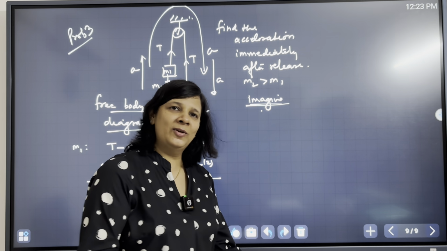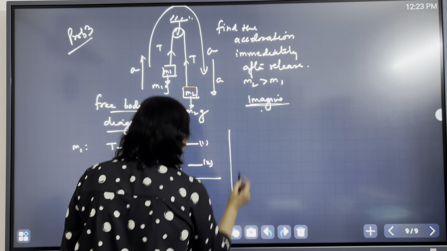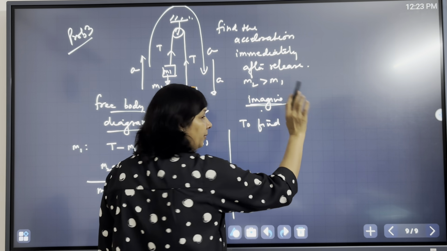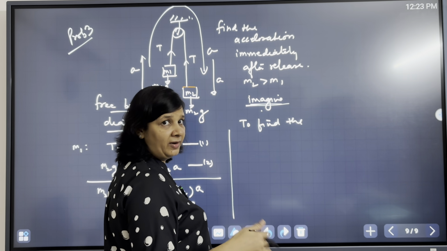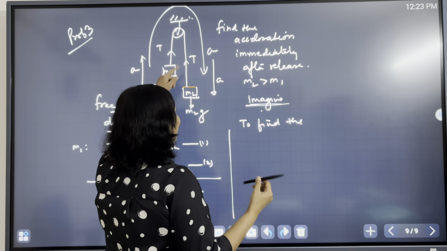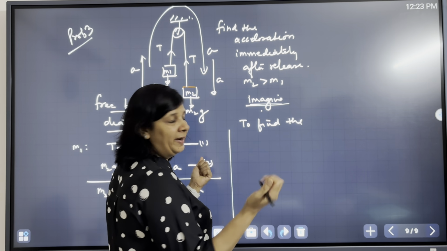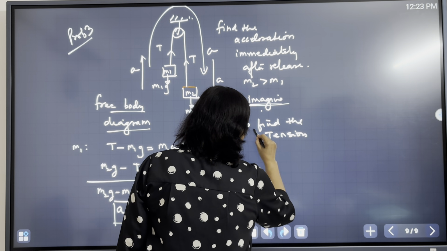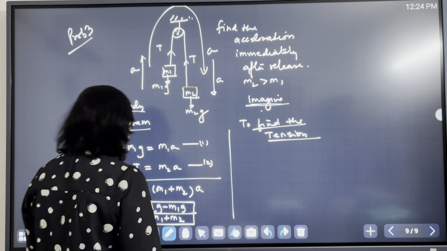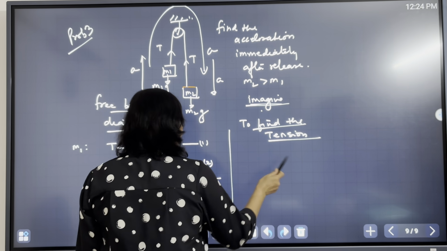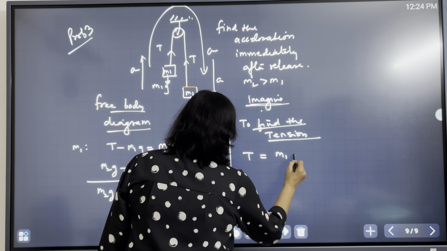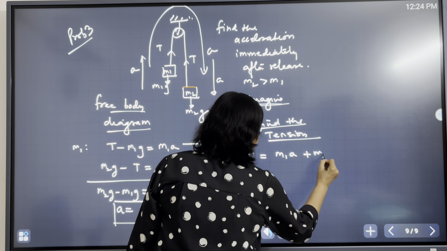Okay, and now you can find the tension. Again, both the blocks are moving with the same acceleration, otherwise it will become slack or it will break. So here you can use either equation to find tension.